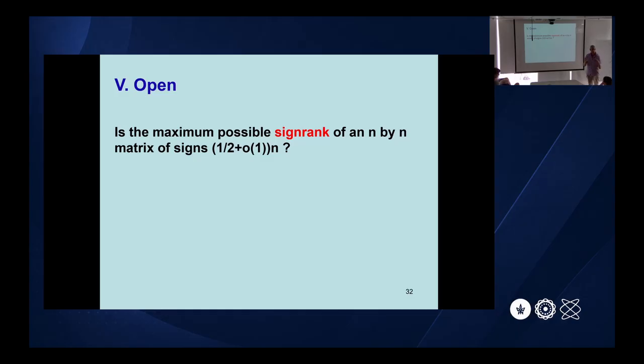I told you that an upper bound is roughly n over 2, and a lower bound is maybe n over 20. You can optimize, so maybe it will be better than n over 20, but there is a gap. It looks like the truth should be close to n over 2. This is the truth if you ask the same question for a matrix of n by n by n, for example, but I don't know for n by n, and it's interesting.